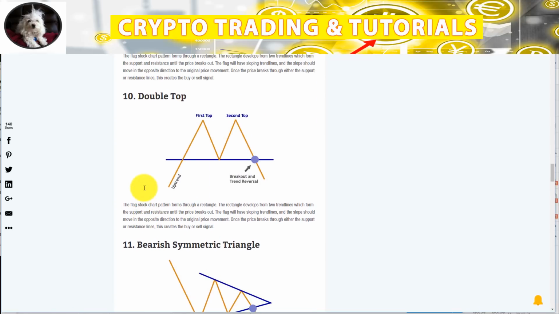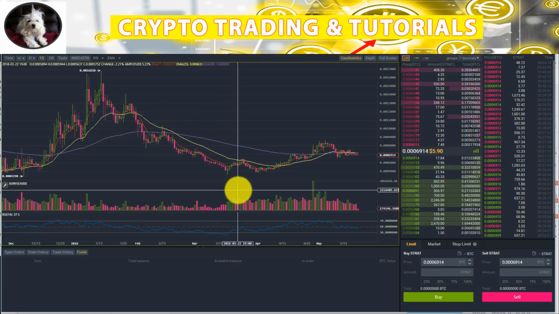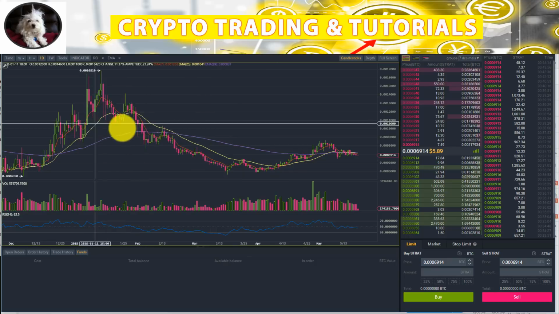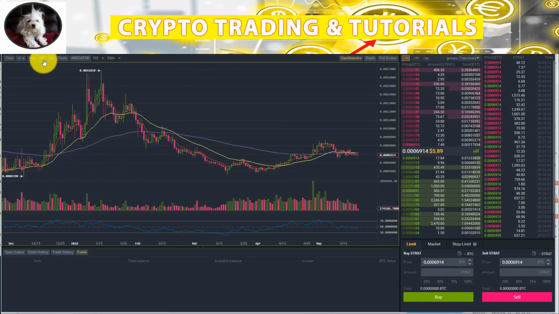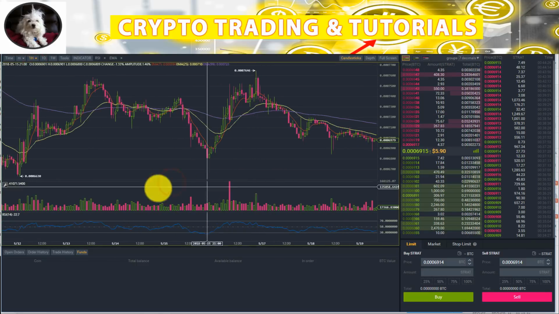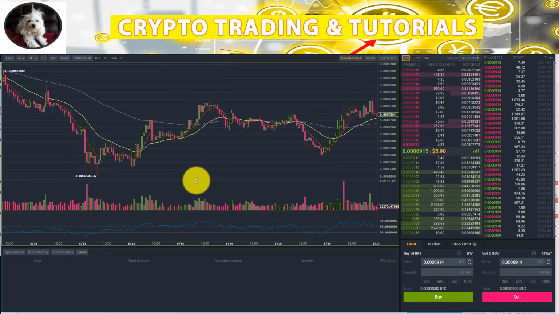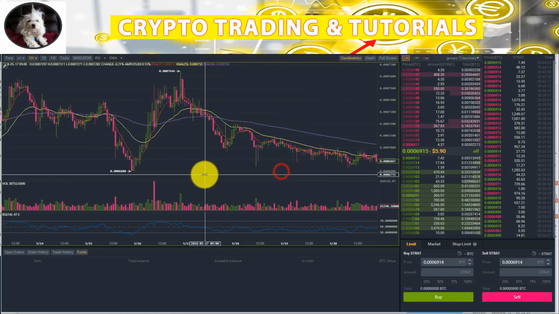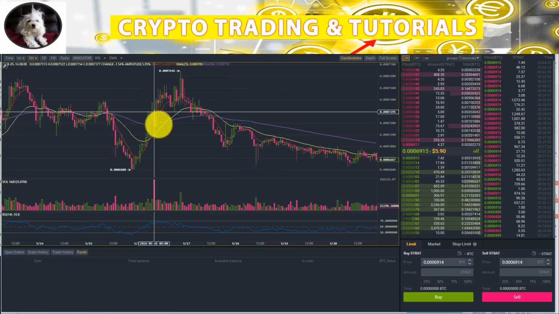Sometimes they don't always work out. The biggest problem with chart patterns really is what time frame are you looking at, and sometimes it's more of a self-fulfilling prophecy in some ways, because are other people seeing the same thing you're seeing, right? Are other traders seeing the top and bottom, right?